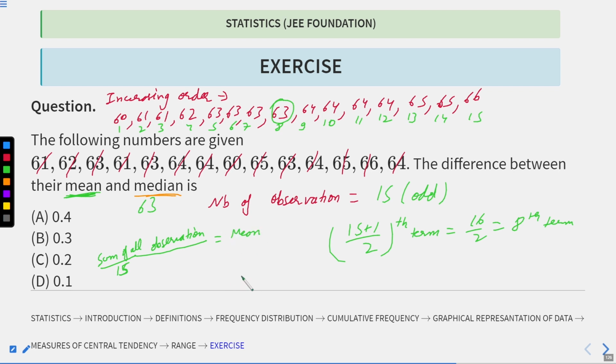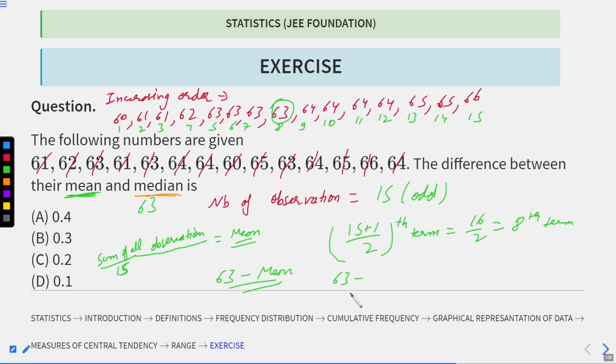Then just subtract the mean from median, that is 63 minus mean. In order to do this, you will have your mean something like this.